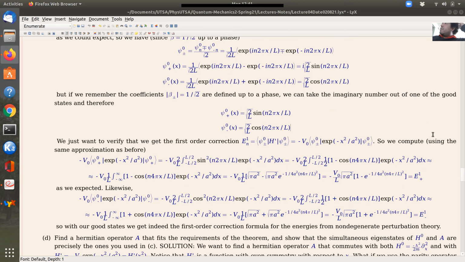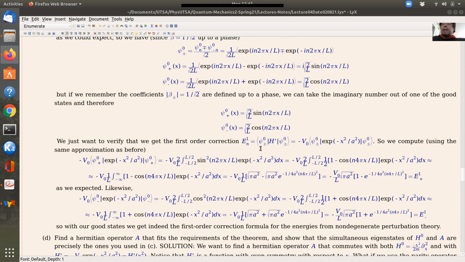We will have to use the same approximation as before, first of all for consistency, because you cannot use the approximation in one part and not in the other, but also for simplicity. So using the same approximation as before, we'll have minus b naught, psi 0 plus, exponential of minus x squared over a squared, psi 0 plus.